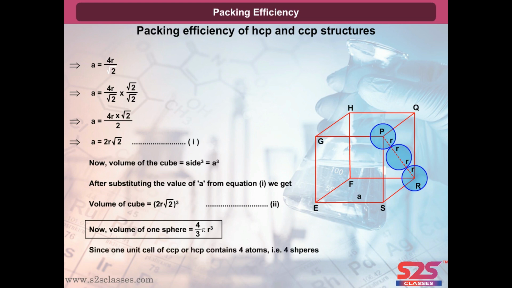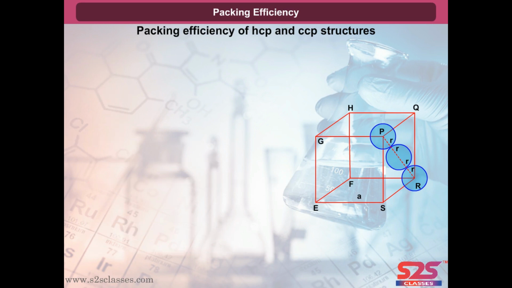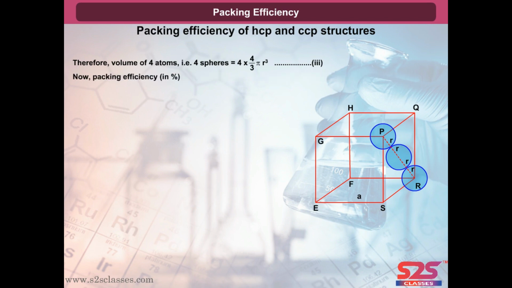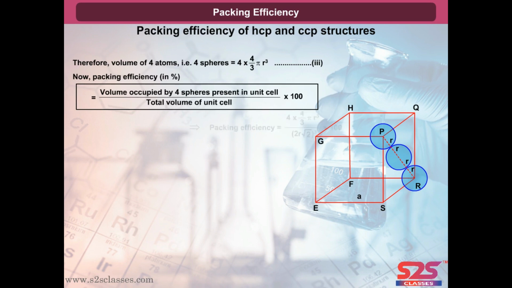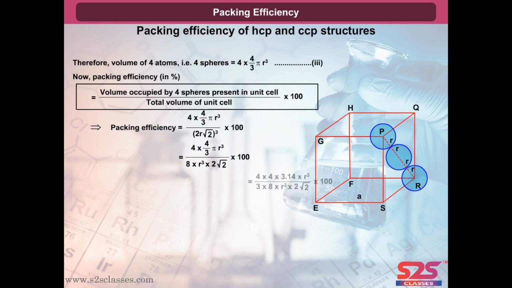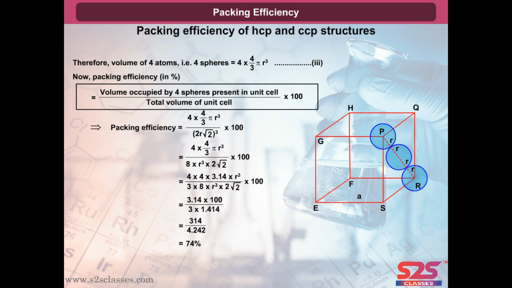Since one unit cell of CCP or HCP contains 4 atoms, that is, 4 spheres, the volume of 4 atoms is equal to 4 into 4 by 3 pi r cube. Let it be equation 3. Now, packing efficiency can be calculated using the formula. By solving this further, we get 74% as its packing efficiency.